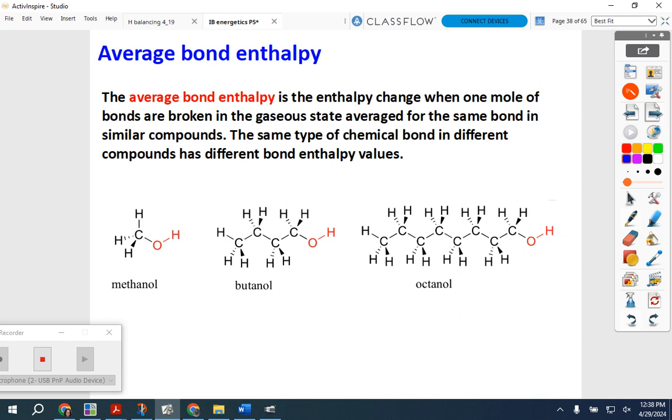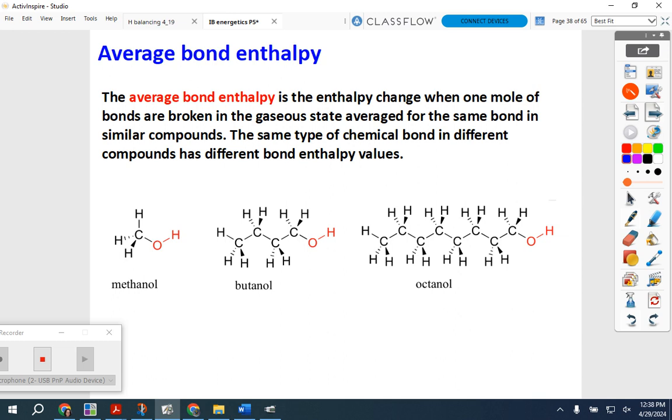And the numbers that you get, for the most part, with basically one exception in your data booklet, are averages. And that's because when we talk about something like an oxygen-hydrogen bond, the actual amount of energy it takes to break 1 mole of bonds of the substance in a gaseous state, which is the technical definition.